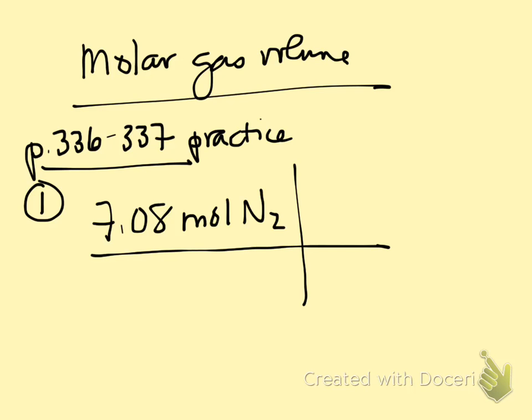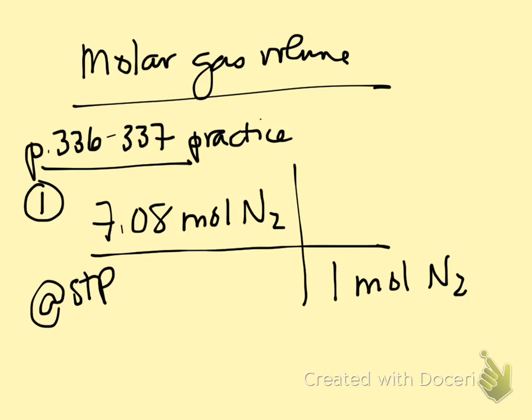And what I tend to do for myself is I will write here "at STP," because you can only do this if you're at STP. If you try to do this with something that's not at STP, you're not going to get the right answer. And once I've got that, I can go ahead and say, oh, well, 1 mole of N2 at STP has a volume of 22.4 liters of N2.